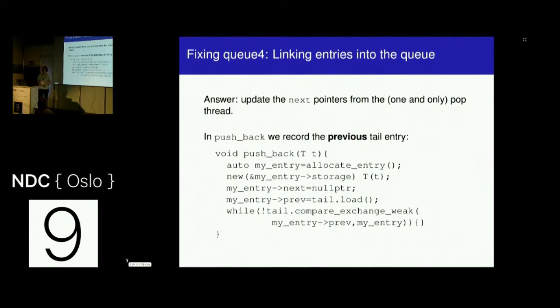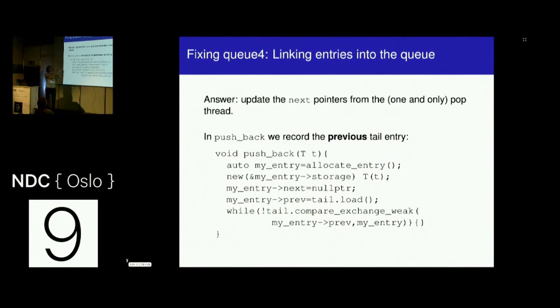So one possible option is to say, I'm not going to update the next pointers from the producer threads. I'm going to update the next pointers from the one and only pop thread. And instead, I'm going to make it a doubly linked list with a previous pointer, because that we can safely do.